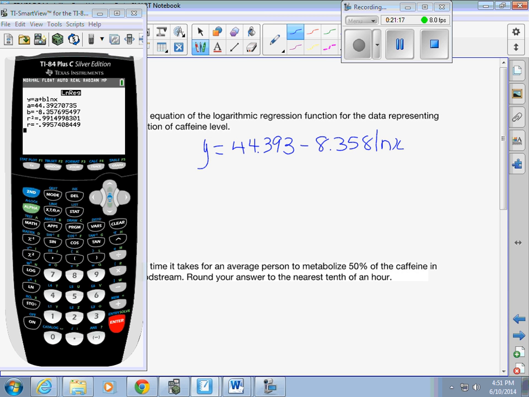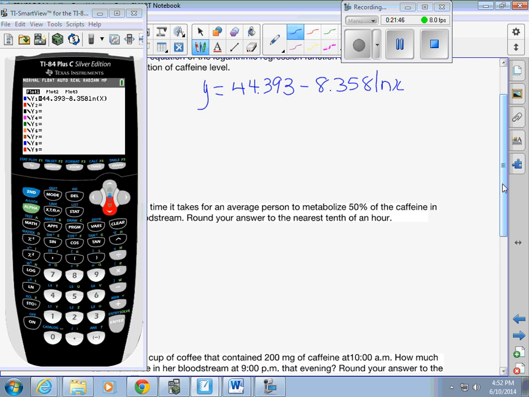So we have to put in our y equals. So y is equal to 44.393 minus 8.358 natural log of x. And we want to know when this is at, oh, sorry, I was thinking the other way.